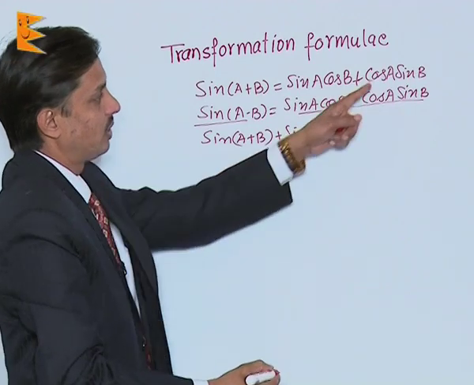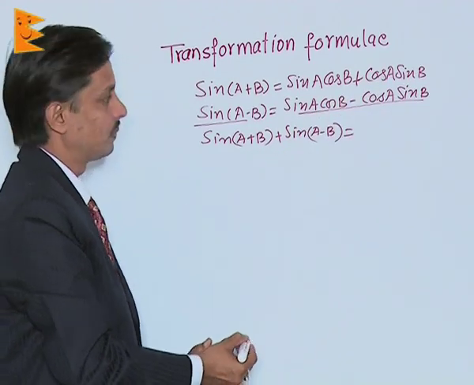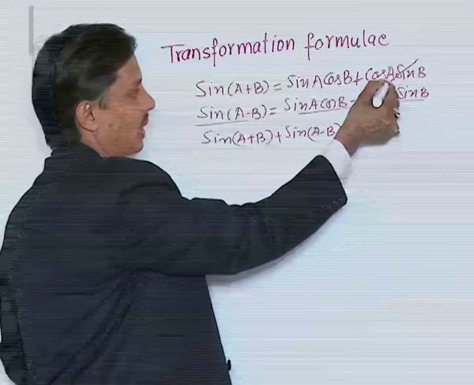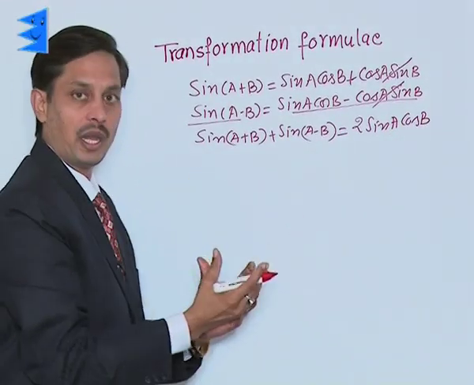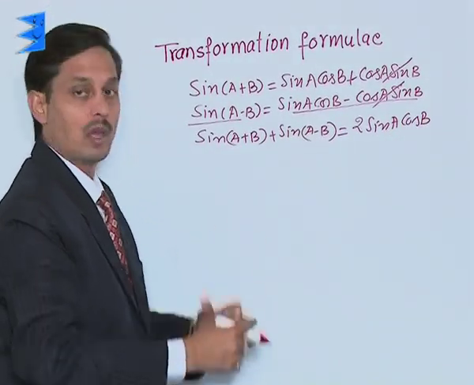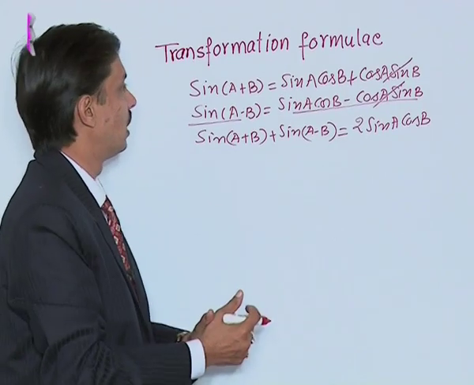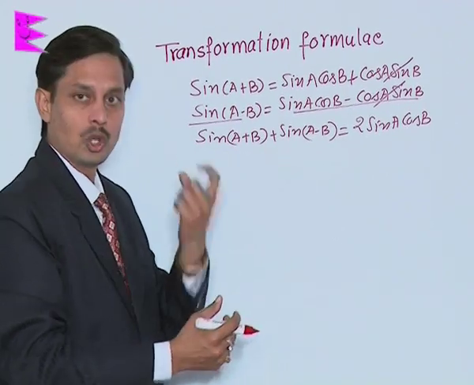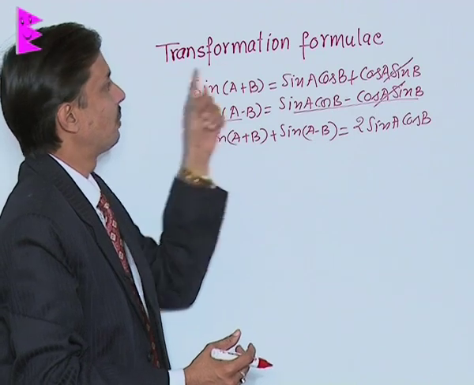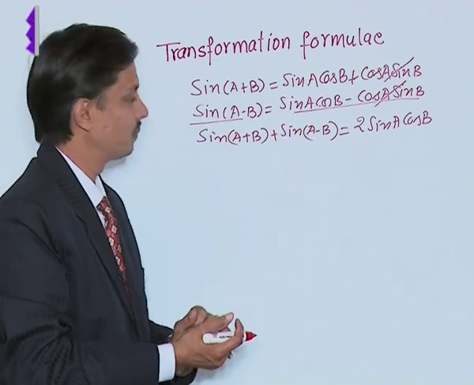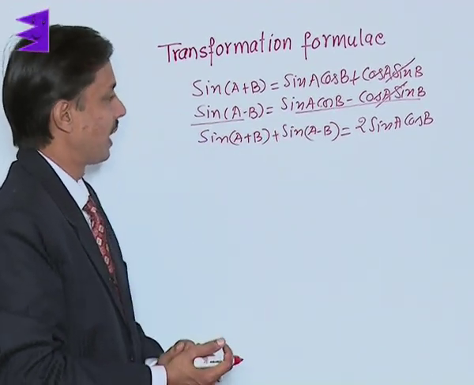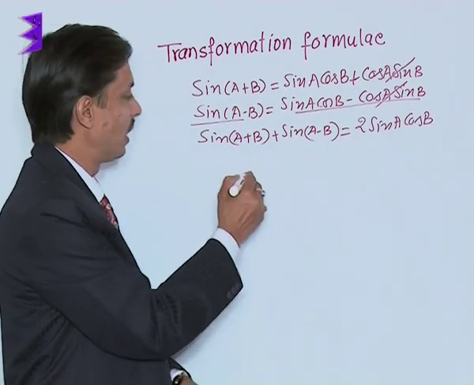In the right hand side, these two portions will cancel out, cos A. So, obtaining a few new results with the help of the previous results, this kind of job considers the chapter transformation of formulae.